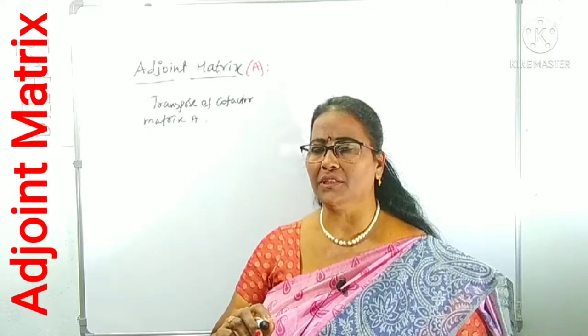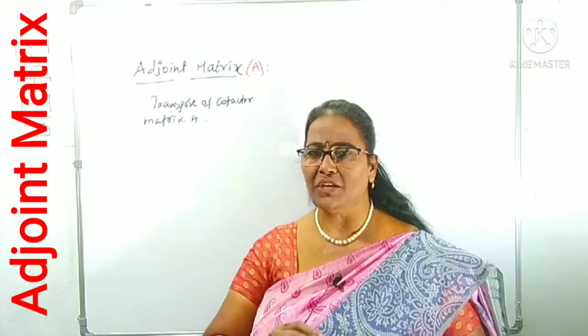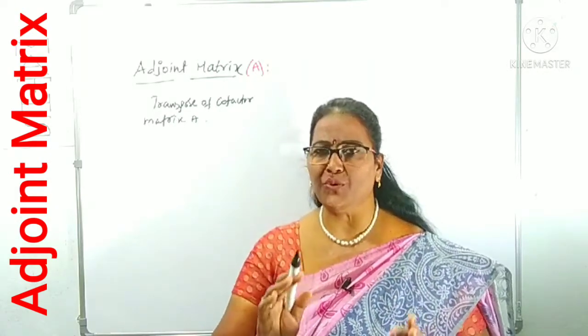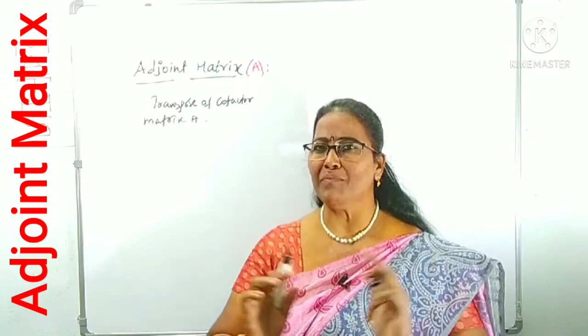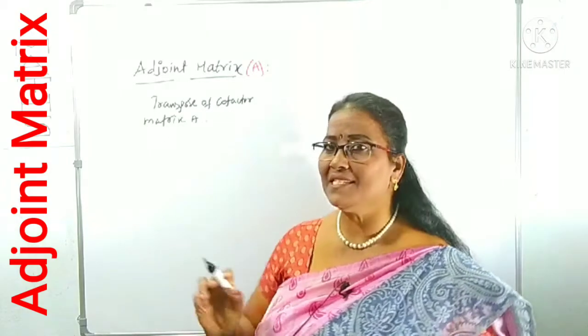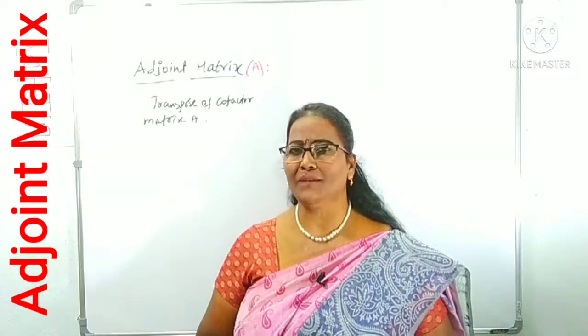Suppose A is a 3/3 matrix, we can find 9 cofactors. By replacing elements with their cofactors, we can form a matrix that is called the cofactor matrix. Its transpose we want. What did I say about the transpose?